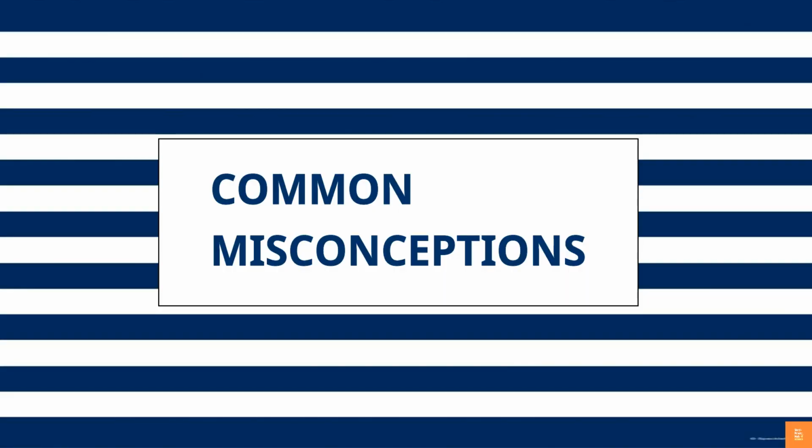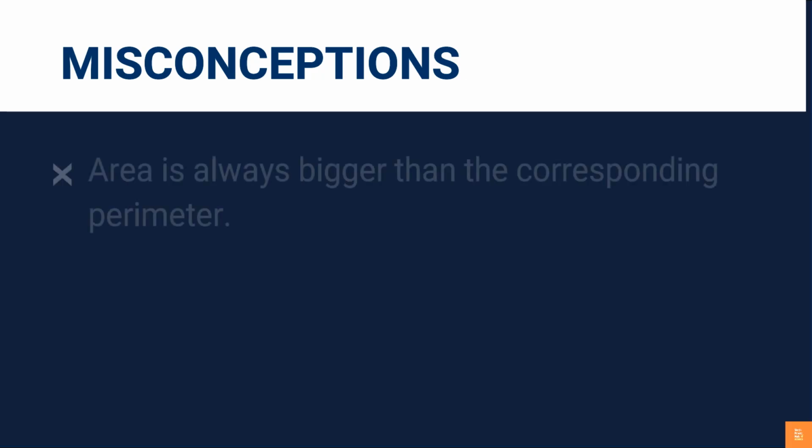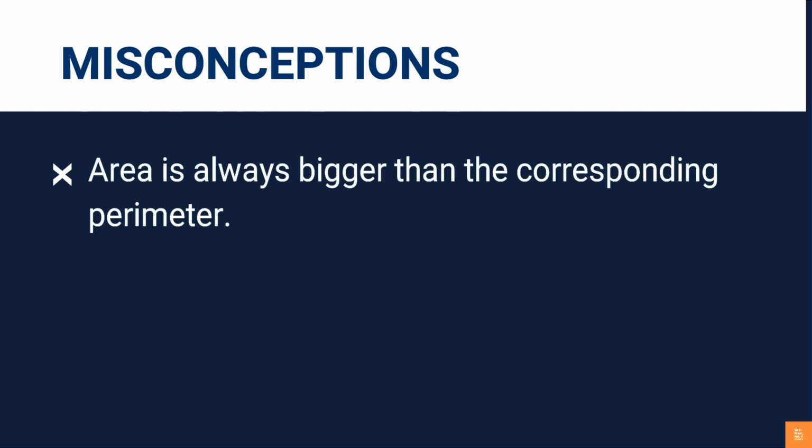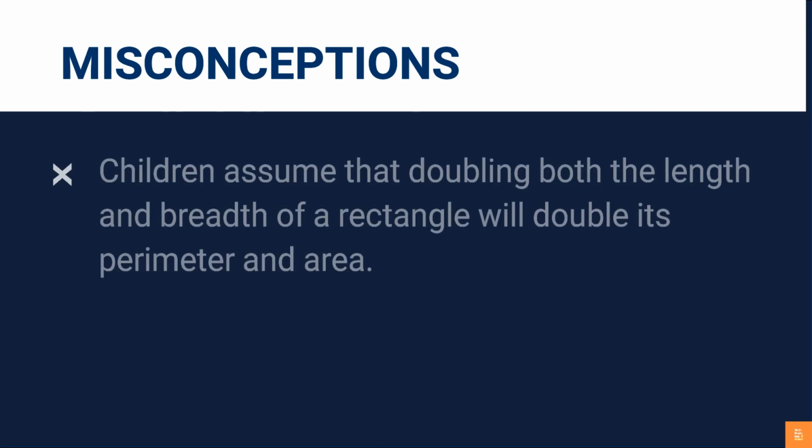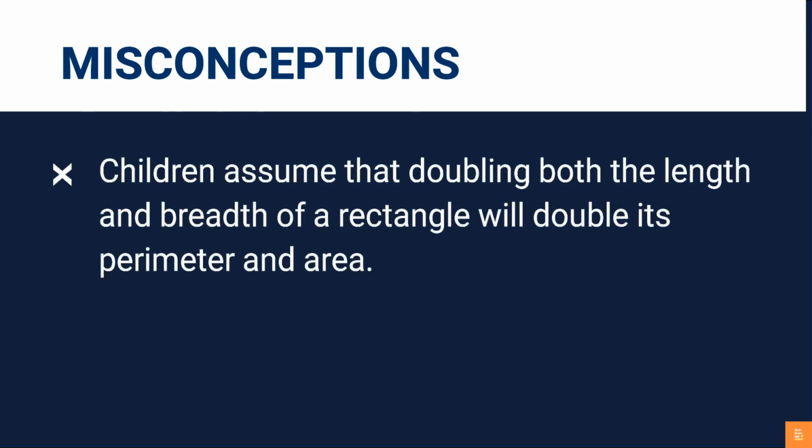Some misconceptions are: area is always bigger than the corresponding perimeter because it involves multiplication and perimeter is just adding lengths. Perimeter will increase or decrease by the same rate as the length or breadth varies. Children assume that doubling both the length and breadth of a rectangle will double its perimeter and area.